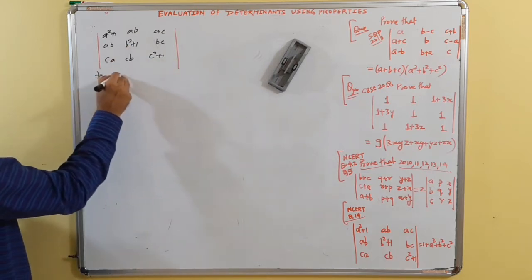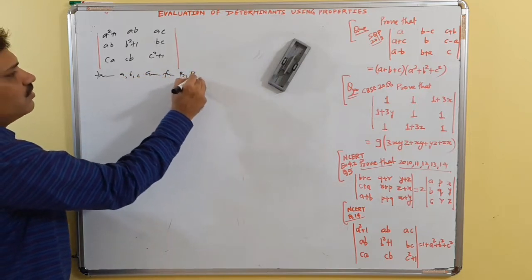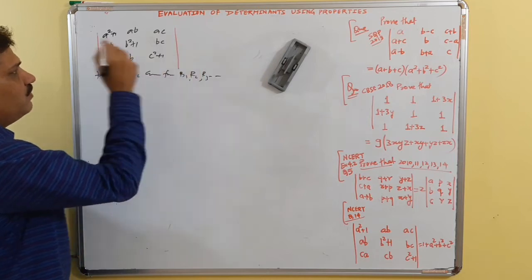If we take out A, B, C common from row 1, row 2 and row 3 respectively, what does it give?